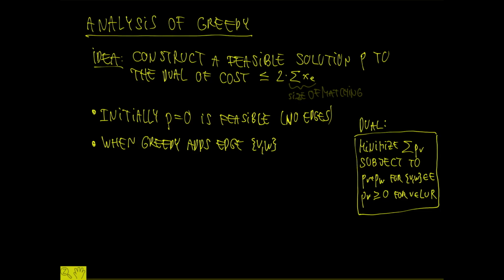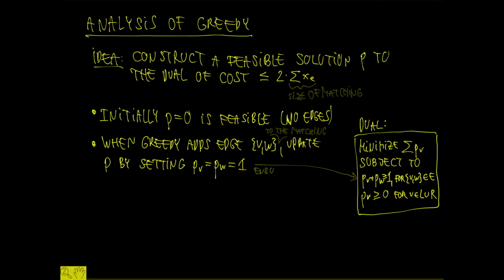So when greedy adds an edge, let's say from v to w, we need to update P to make sure that the constraints are met. And the way we can do this, or one way we can do it, is to simply set both p_v and p_w equal to 1. Now let's consider the size of the matching.